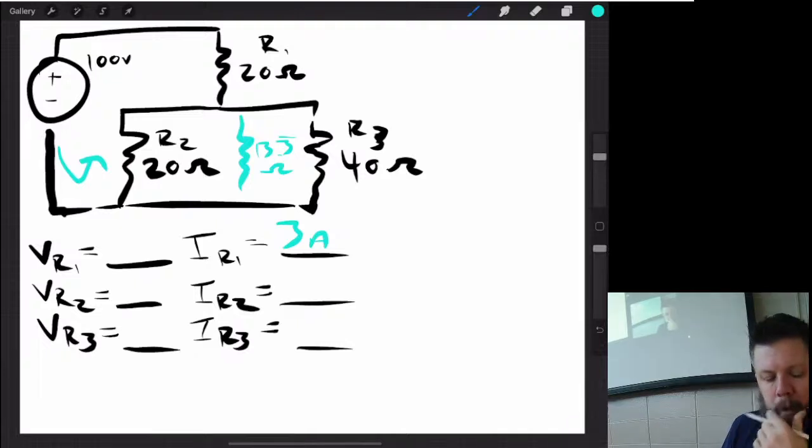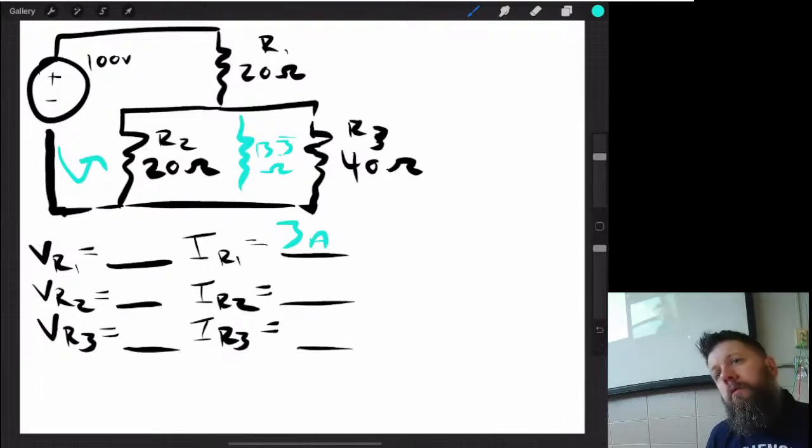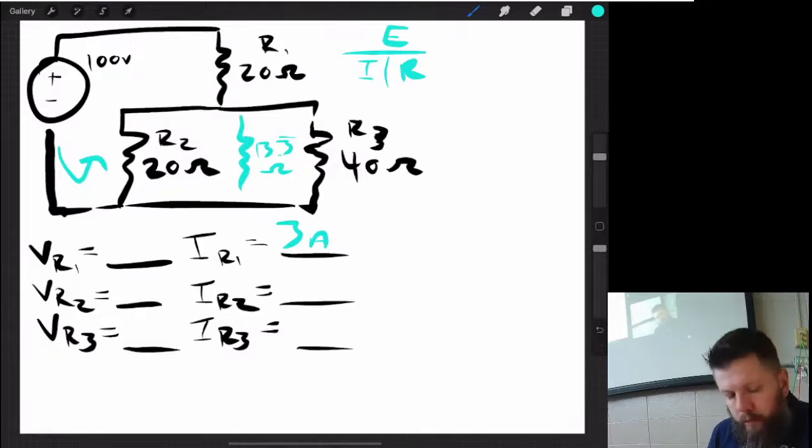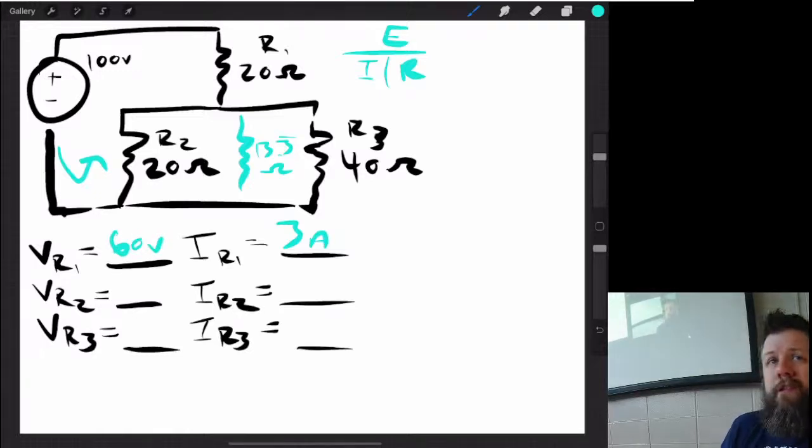We've got 20 ohms with 3 amps going through it. Ohm's law, remember, E equals I times R. 20 times 3, correct? So we're going to have 60 volts across that 20 ohm resistor.